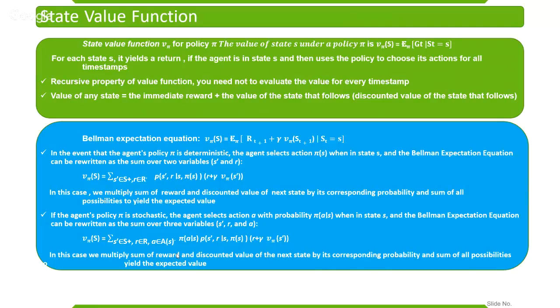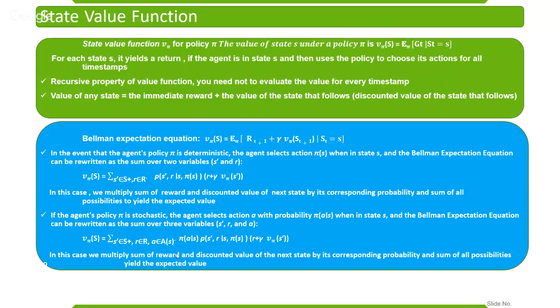How that works is, it states that in case the policy pi is deterministic in nature, then the agent selects an action in the set of states of the policy, so it can be written in the form of the Bellman expectation equation. Over the two variables, which are the next state that it will achieve and the reward that it will get. So how do we do that?